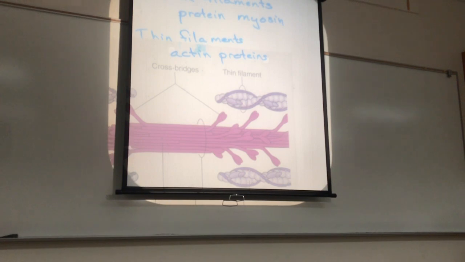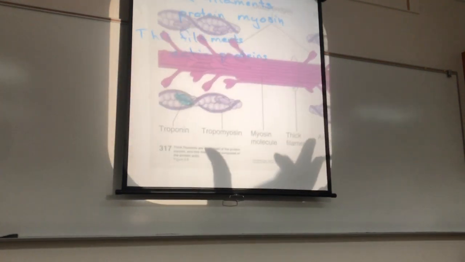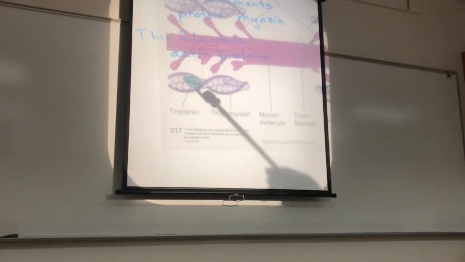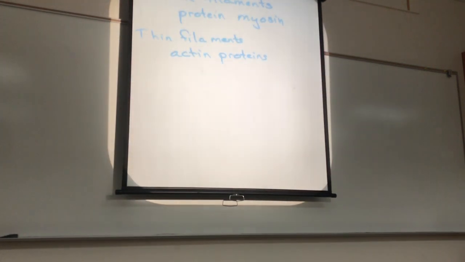In addition, the thin filaments have two more proteins. This one shown here, the long, stringy, dark purple one, is a protein called tropomyosin.